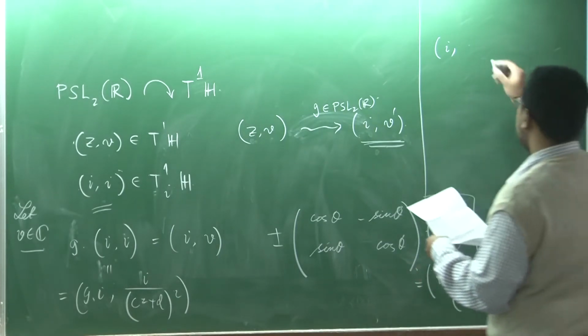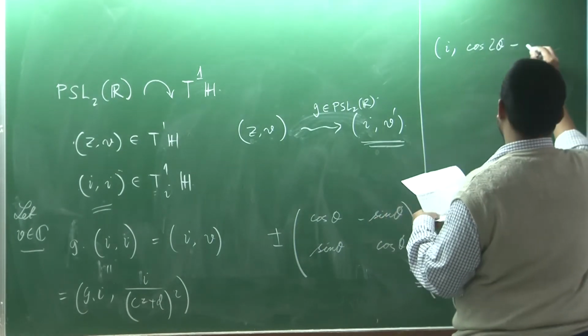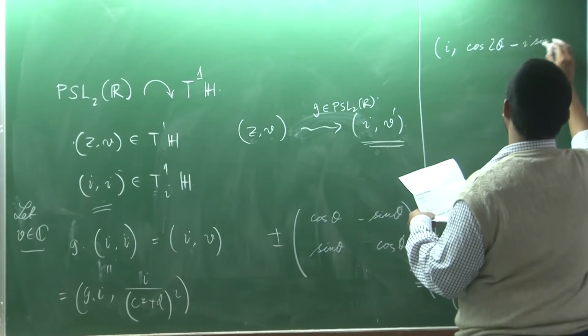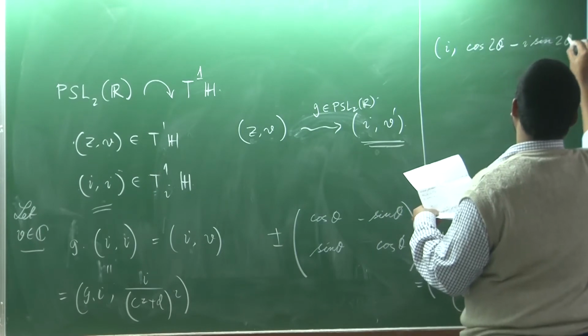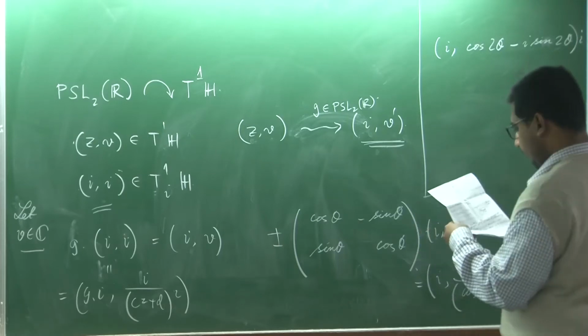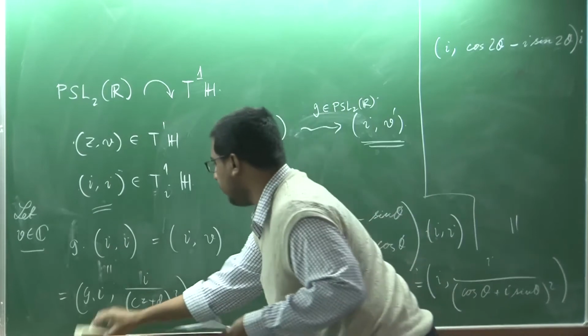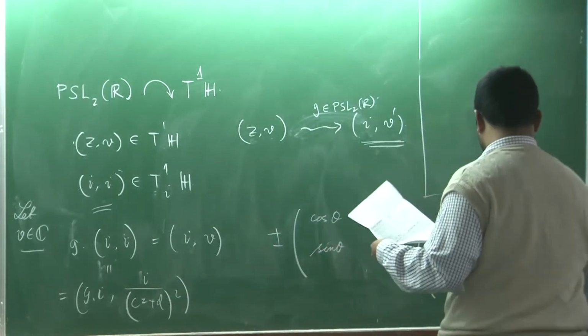So by opening it up, we say it is (cos 2 theta minus i sin 2 theta) times i. Okay, let me just do it a better way.